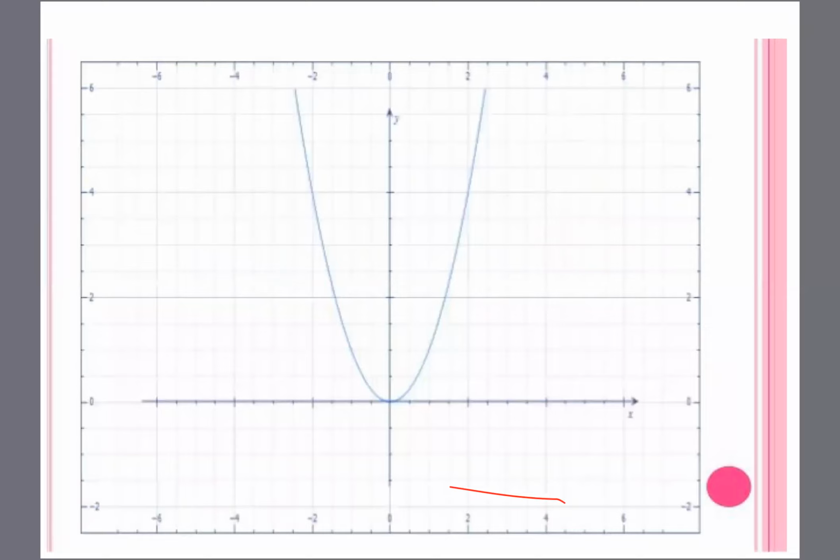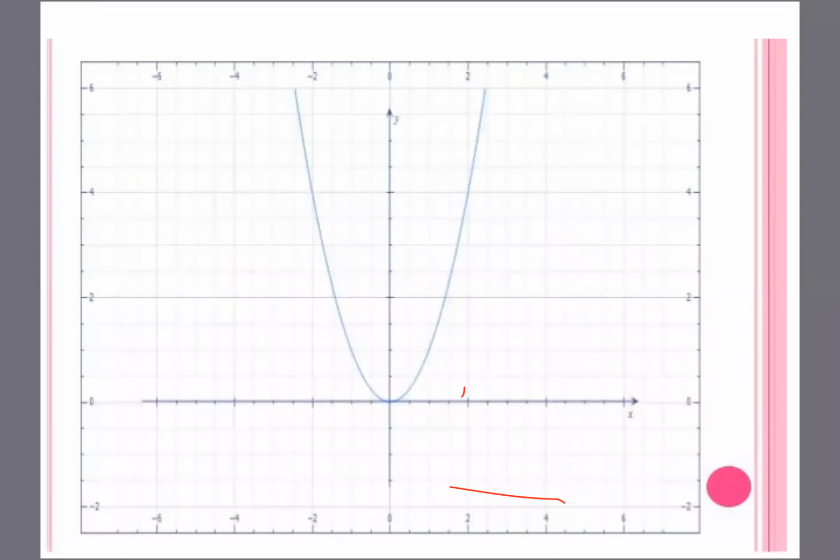So all the x values have y values. හැම xටම y value එකක් තියෙනවා. Therefore this is the continuous function.